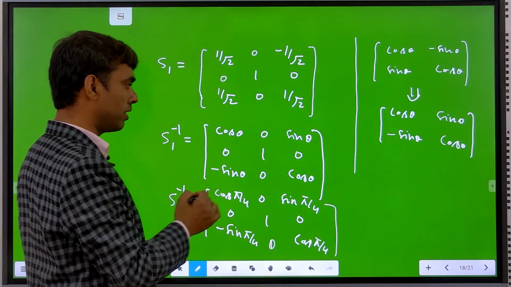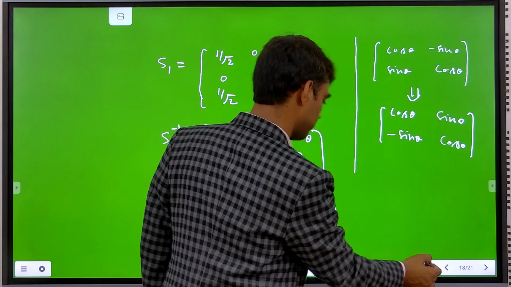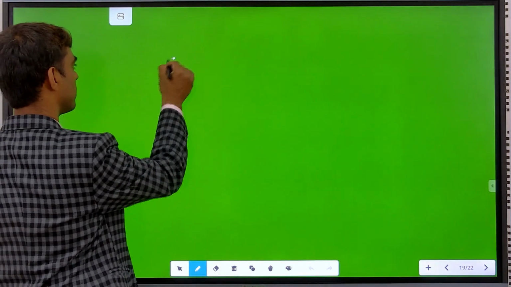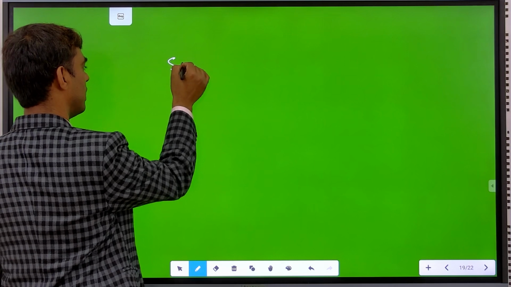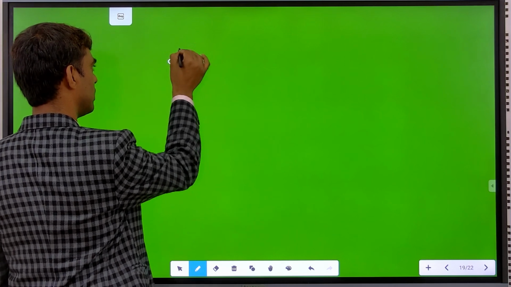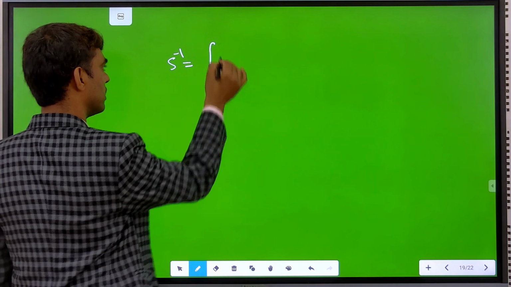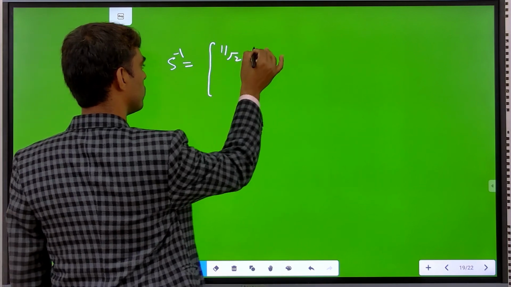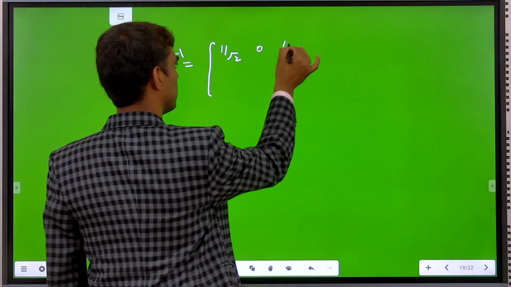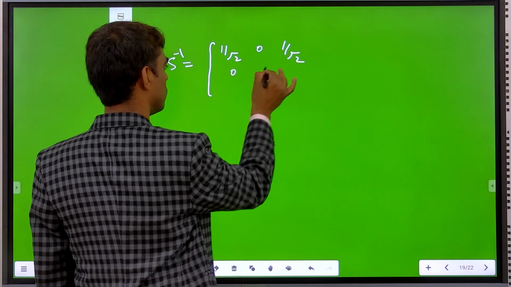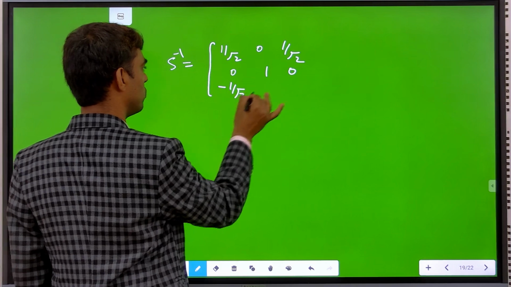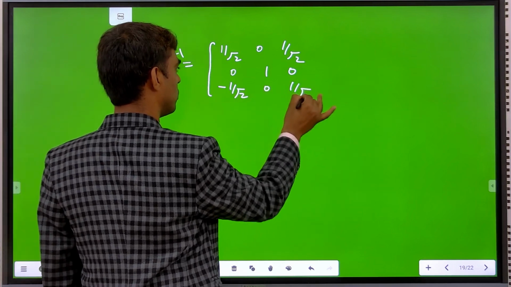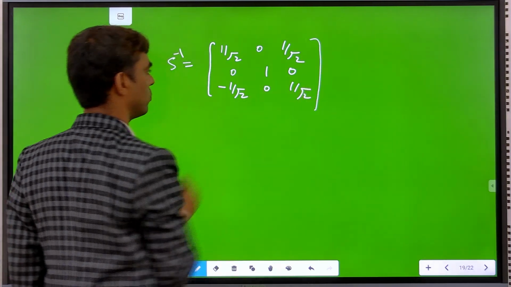So, what is the value of S inverse? S inverse becomes 1 upon root 2, 0, 1 upon root 2, 0, 1, 0, minus 1 upon root 2, 0, and 1 upon root 2.